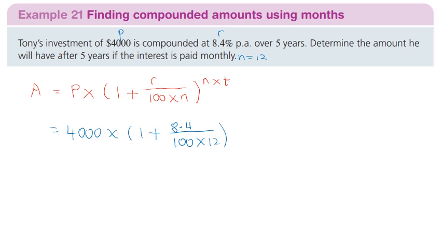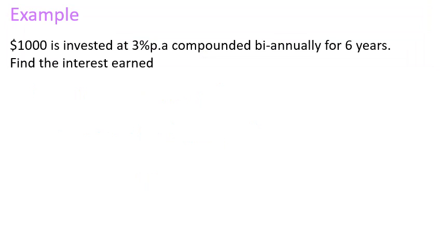And then to the power of 12 times T, which is the years, which is 5. So times 5. Pop that in a calculator, which equals 6,078.95.